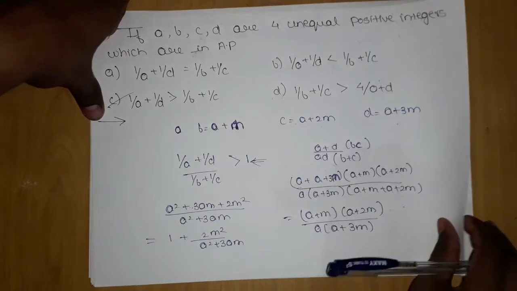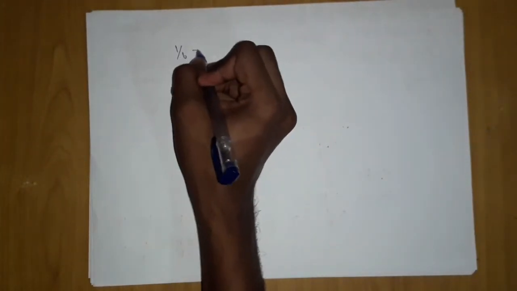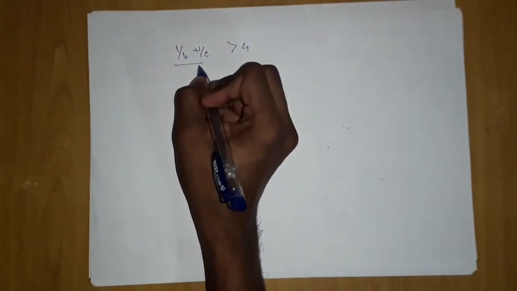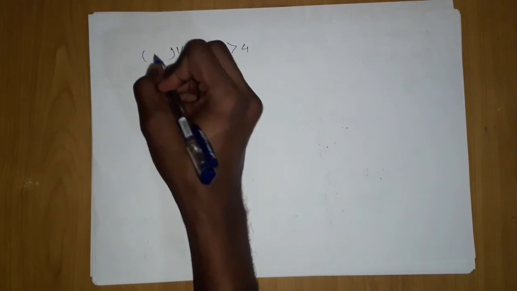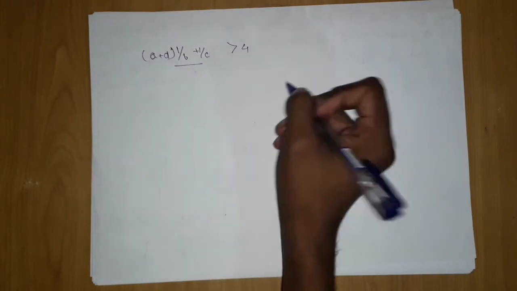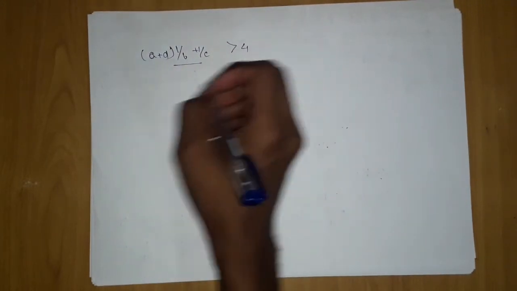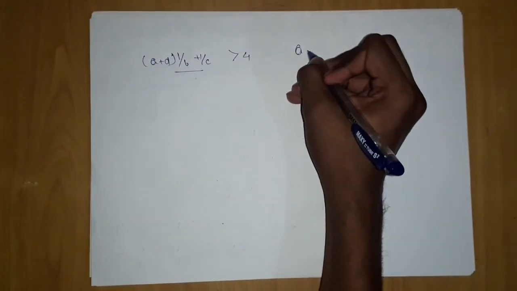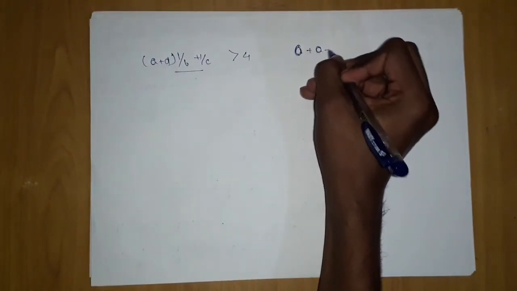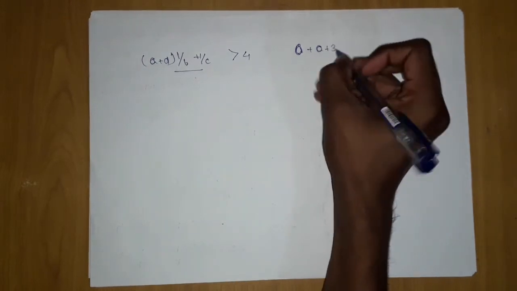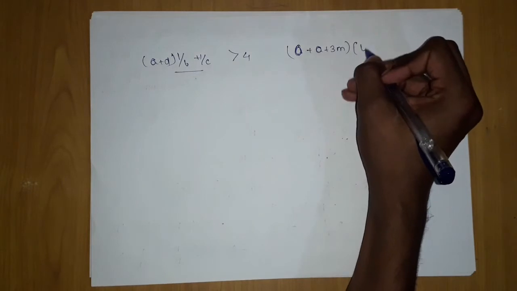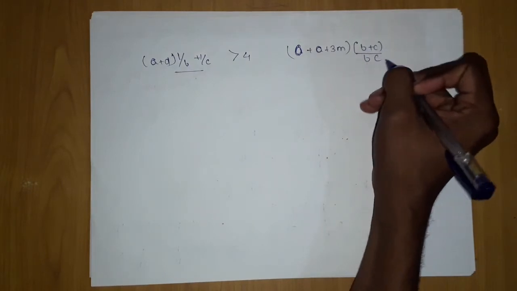Now let's just think about it. What is given? We have 1 by b plus 1 by c, and we want to check whether it is greater than 4. We will multiply this by (a plus d), and we want to check whether it is greater than 4 or not. So (a plus 3m) into (b plus c) upon bc.